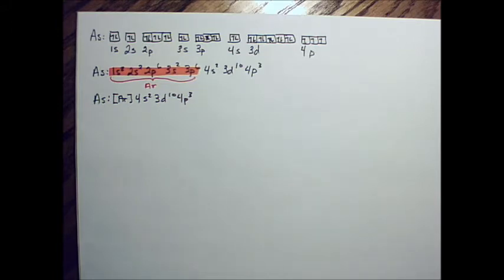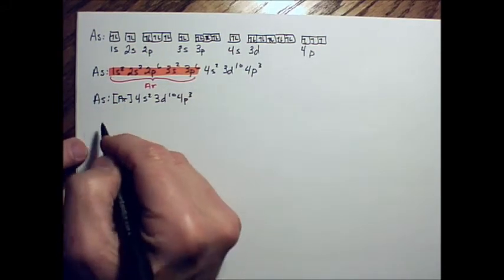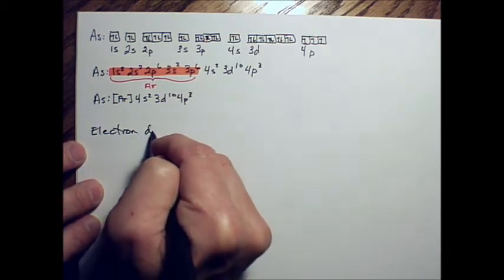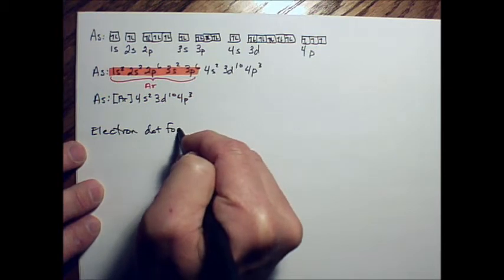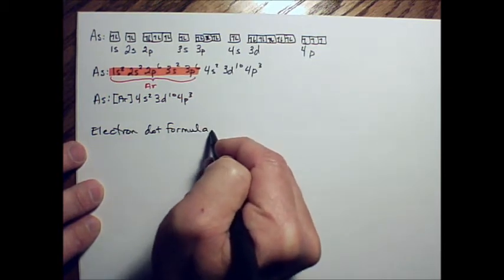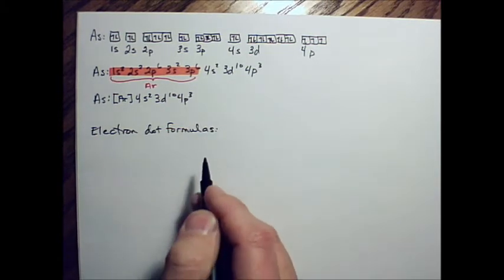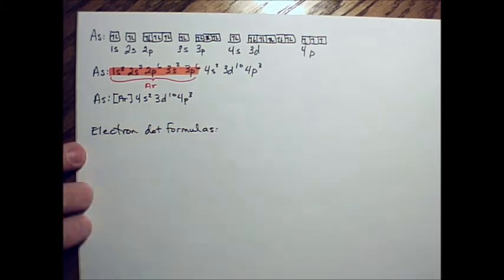Yeah, I'm feeling tired. All right. Now, in electron dot formulas, what you do is, let's see, I think I had a previous one. I wrote it out for somebody else in the earlier class.